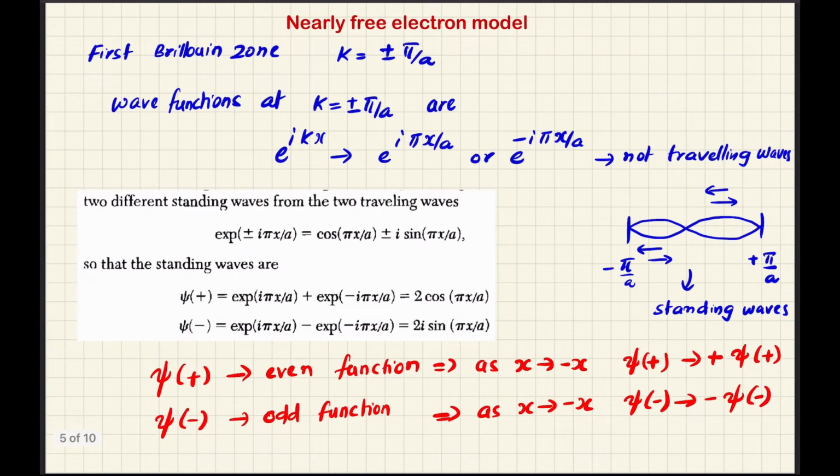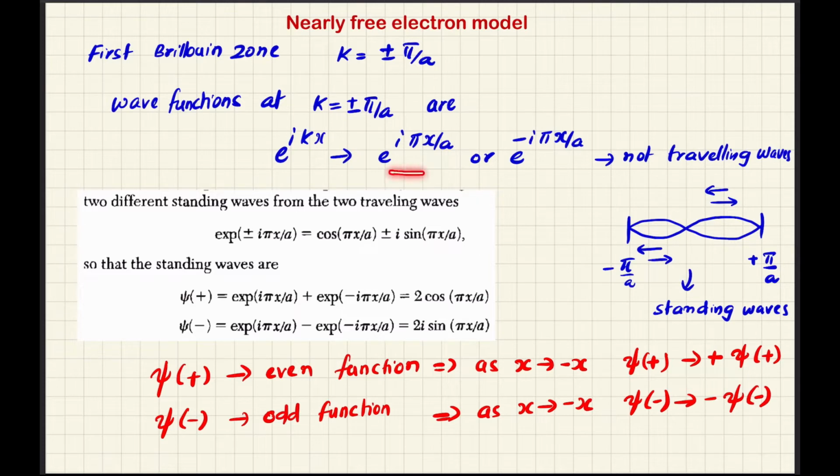Now, the first Brillouin zone occurs at plus or minus pi by a, and the wave function at the first Brillouin zone boundary, if you take the one dimensional plane wave solution e raised to i k x and substitute k equal to plus or minus pi by a, gives you two wave functions. One is e raised to i pi x by a, and another is e raised to minus i pi x by a.